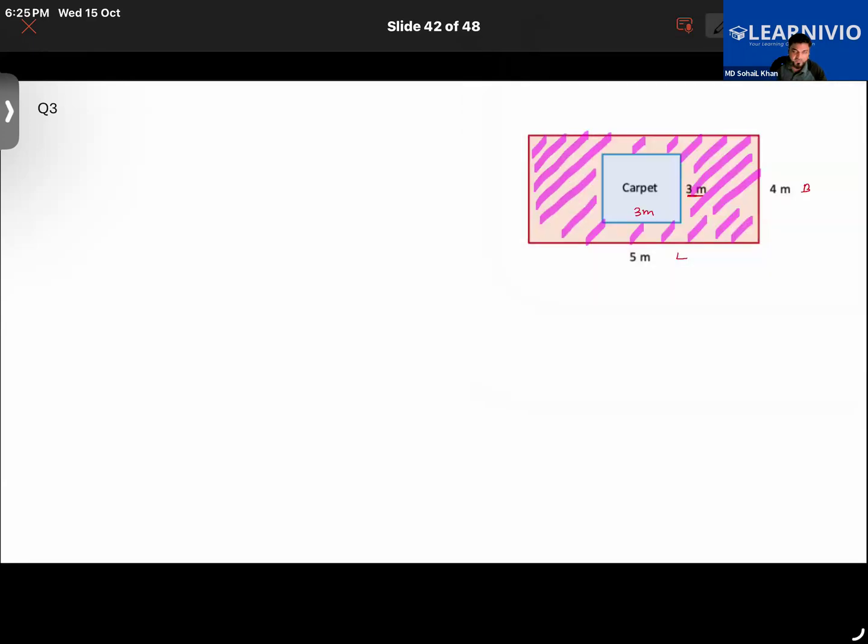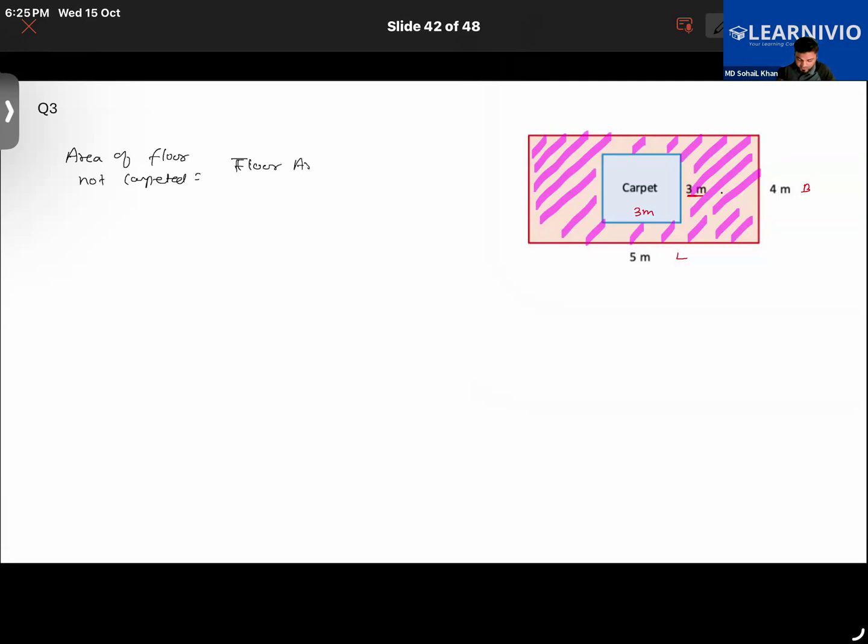So how much of the area of the floor is uncarpeted, meaning it is not carpeted? Uncarpeted area of floor, that is what we need to find.